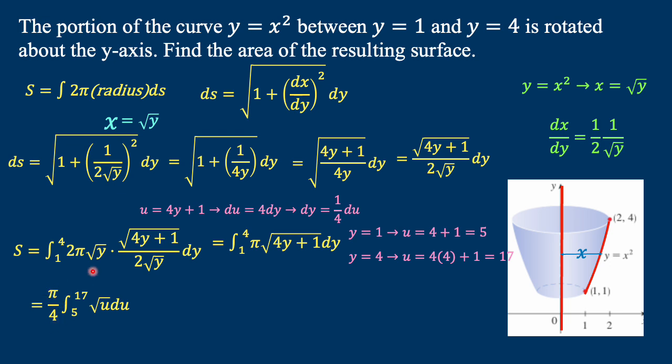Pi over 4, integral from 5 to 17 of the square root of u du. Now we find the antiderivative: the square root of u gives 2 over 3 u to the 3 over 2, from 5 to 17. Simplify: pi over 4 times 2 over 3 is pi over 6, times 17 square root of 17 minus 5 square root of 5.